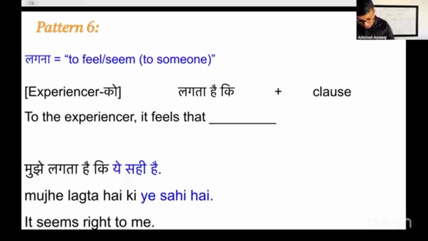Christine ji, you want to say, we think, or you think that we need more time. मुझे लगता है कि हम कुछ और समय चाहते हैं. Okay. That you want to use it twice.